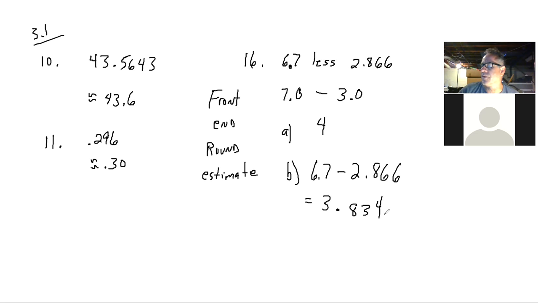And more rounding. Then it's just take some fractions. The last problems are take some fractions and write them as a decimal, and so on and so forth. So that is 3.1.